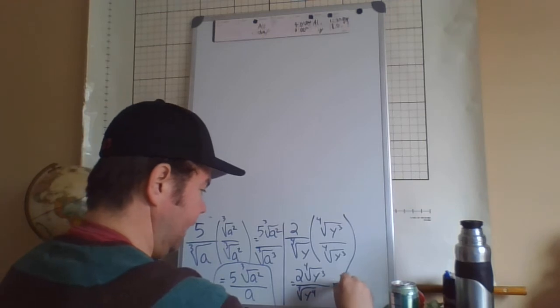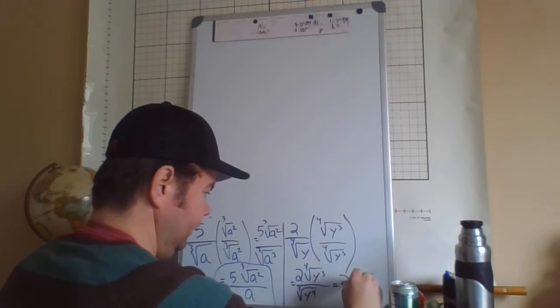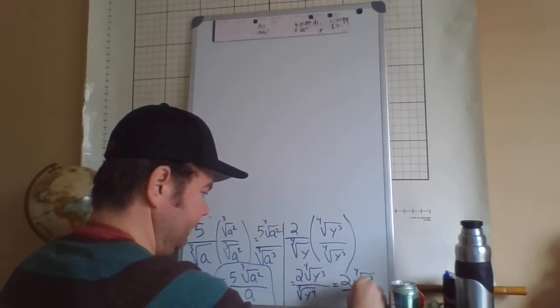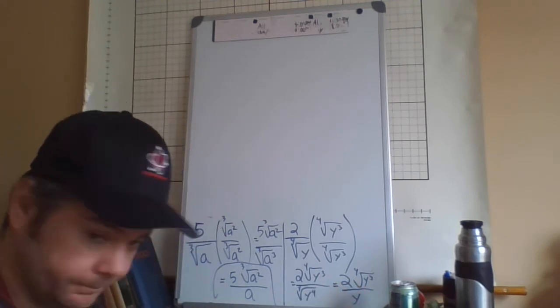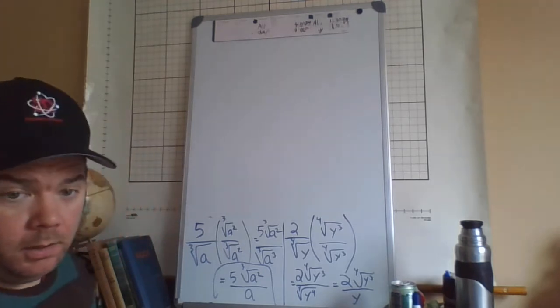In the end, the top cannot be simplified, but the bottom is just y. Got it? Okay.